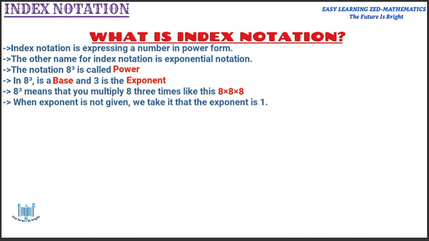Sometimes the exponent 1 is indicated, sometimes it's not. So it would be wise to take it that the number, even if it has no exponent, is raised to the power 1, unless the exponent is written. If it's raised to the power 0, then that is another case. But if it has no exponent, you take it that its exponent is 1.